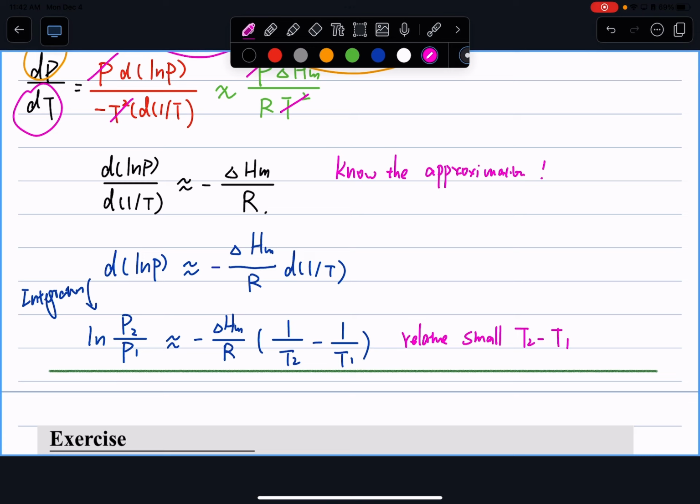But if we look at 3,000 Kelvin, then it's probably not a good approximation. So this is my approximation 3, that delta Hm is constant along the equilibrium line.